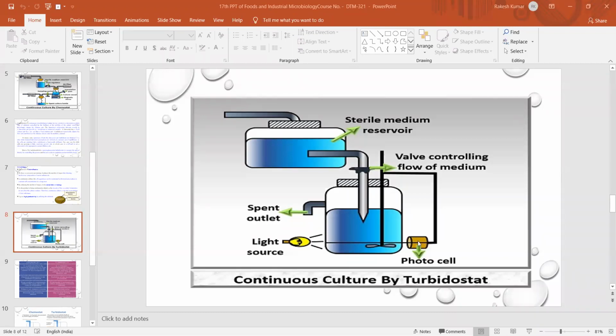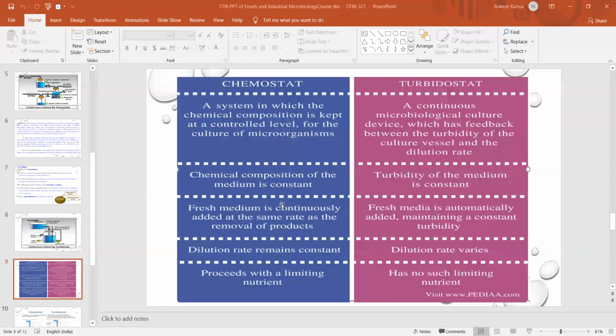So here a photocell and a light source are there. Whatever emitted light is there will be recorded by this, and this will send information to the valve controlling the flow of the medium. So just by using these instruments, you can have better control on the system and produce a good quality final product.